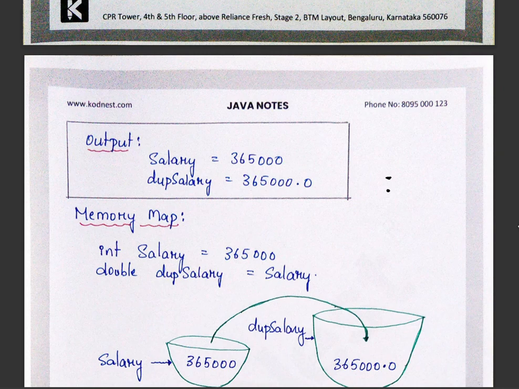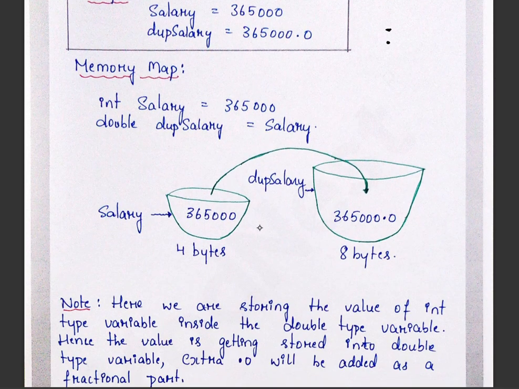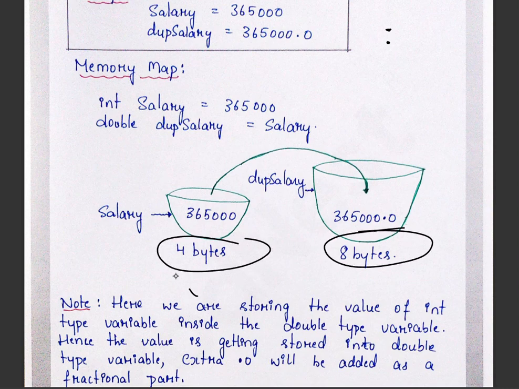As we see here in the memory map, I have written that this is a smaller data type, 4 bytes, and this is 8 bytes. This is int and this is double, and we are storing the int into the double.